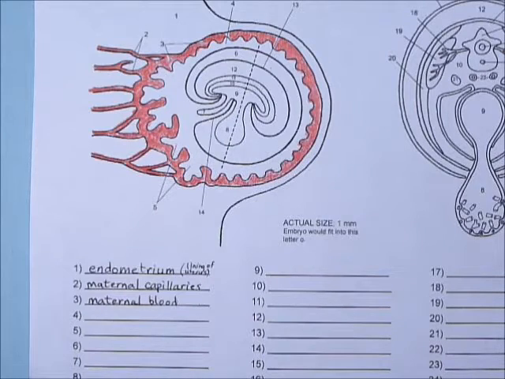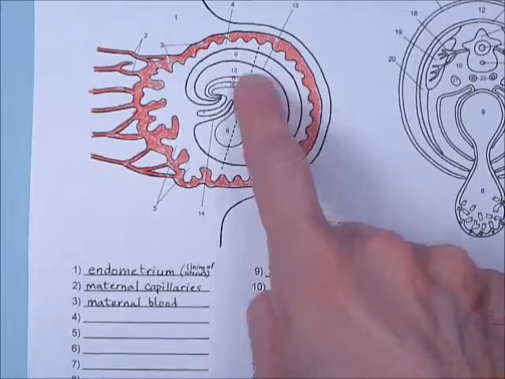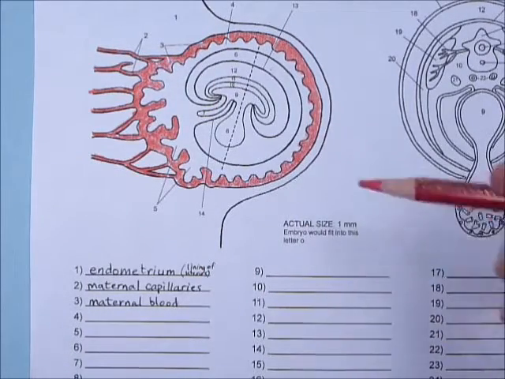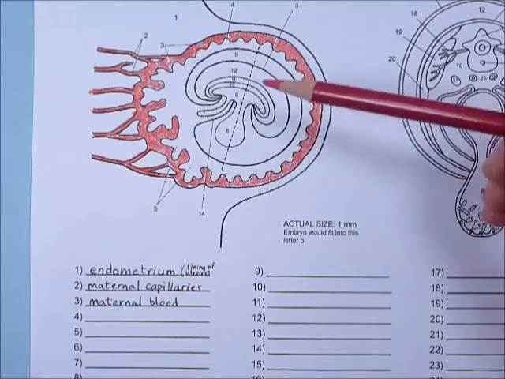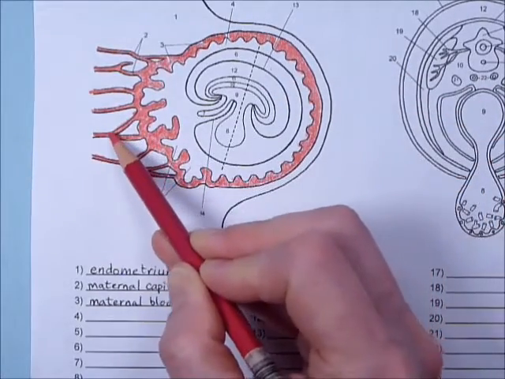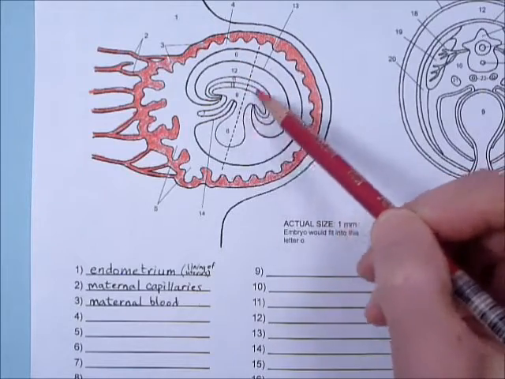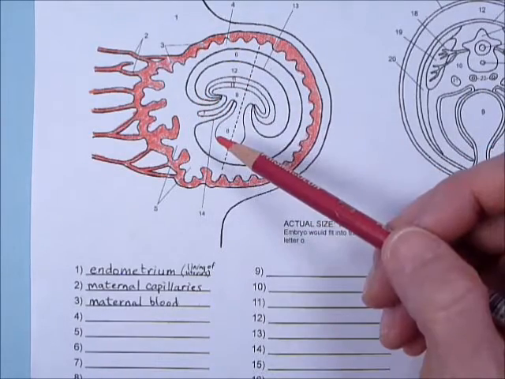So now we have number 4. And before we color 4, what I want you to do is take your red again, and we want to draw in some capillaries connecting into here. Now, it's a little more complicated than this, as we'll see in the bottom picture.